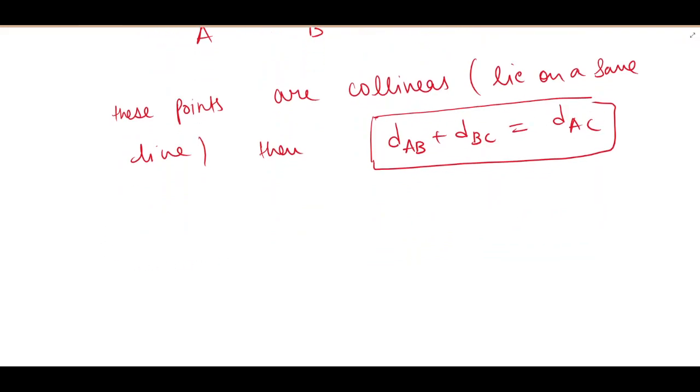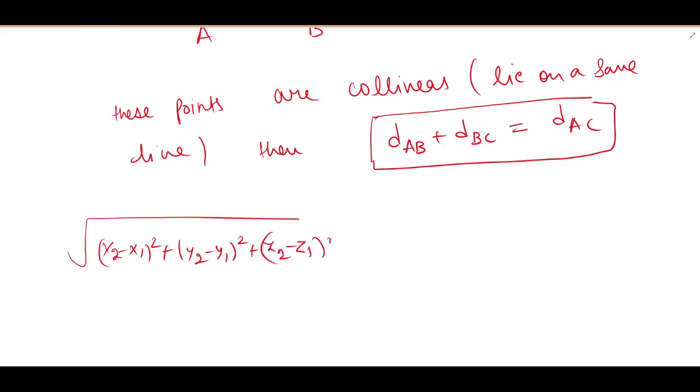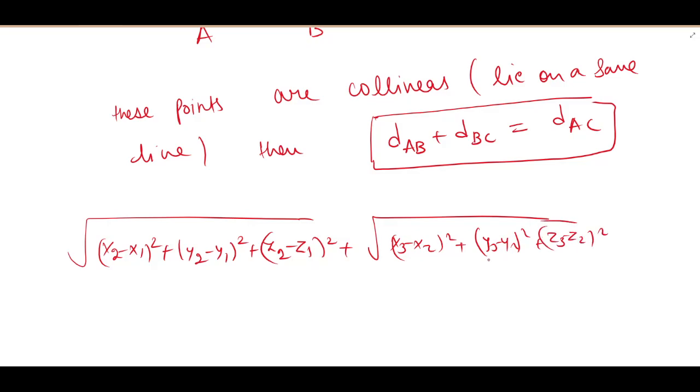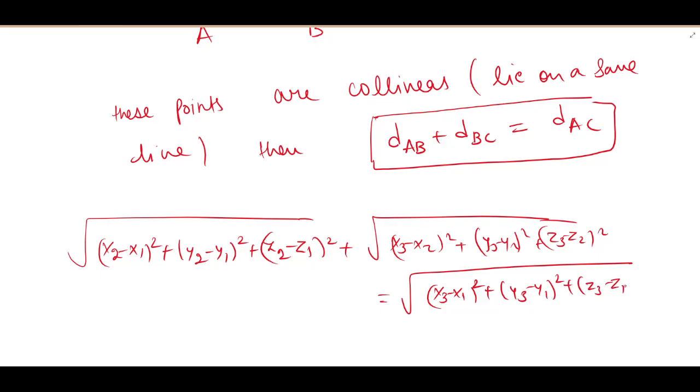That is, the distance AB, root of x2 minus x1 whole square plus y2 minus y1 whole square plus z2 minus z1 whole square, plus root of x3 minus x2 whole square plus y3 minus y2 whole square plus z3 minus z2 whole square, should be equal to root of x3 minus x1 whole square plus y3 minus y1 whole square plus z3 minus z1 whole square.